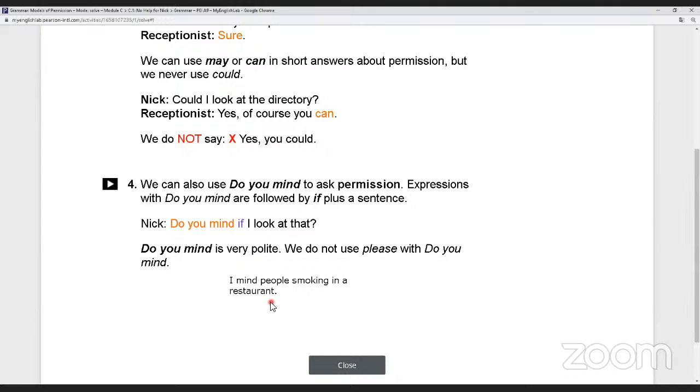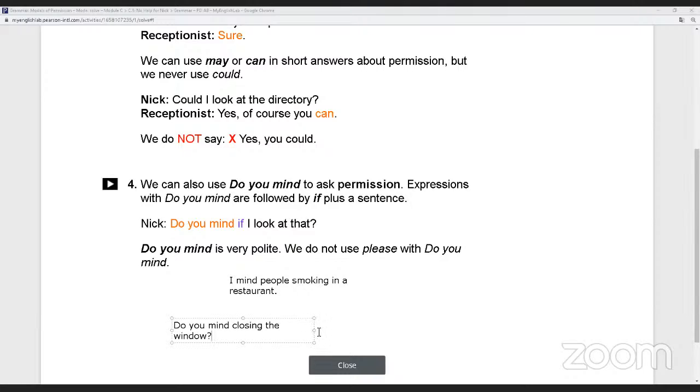So when we ask permission, first of all, you can use do you mind, plus we have another use of it. Do you mind, then I can use the verb in its ing form.